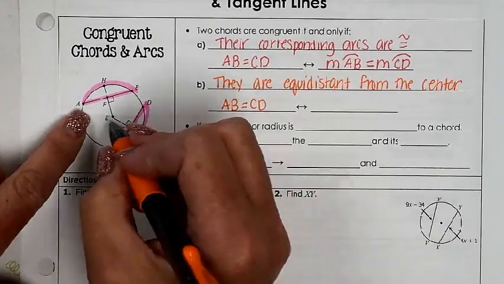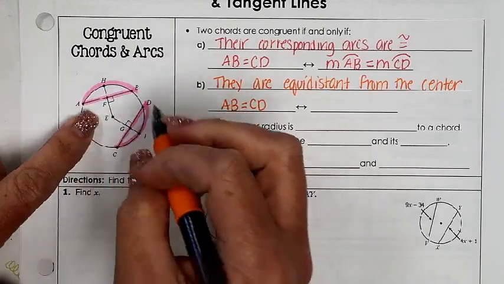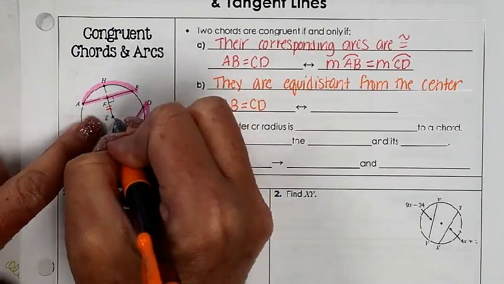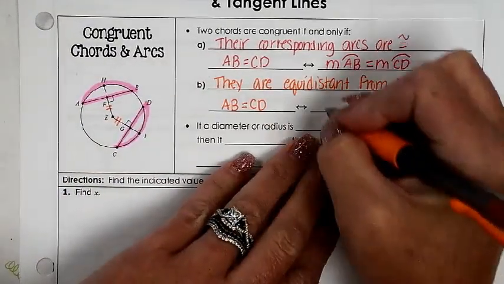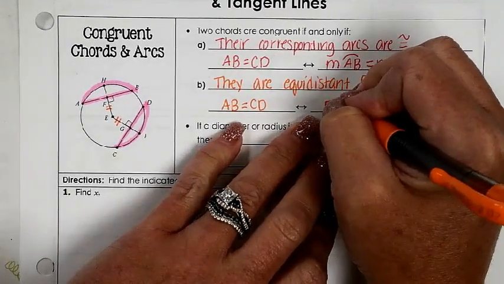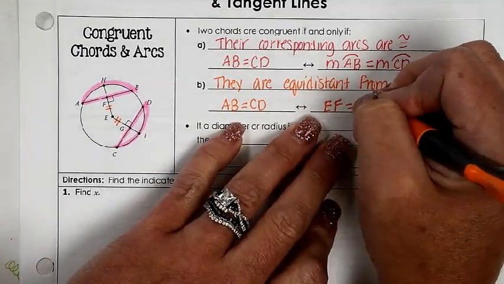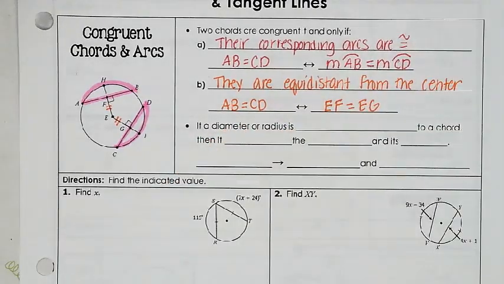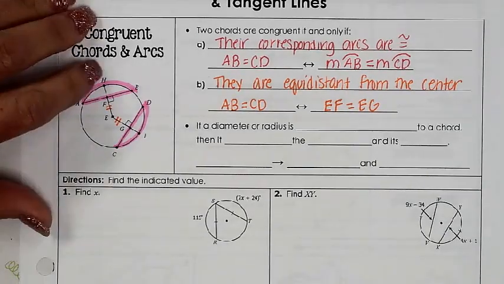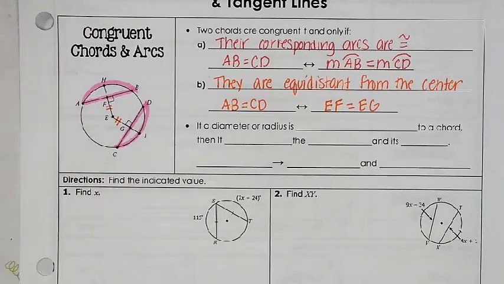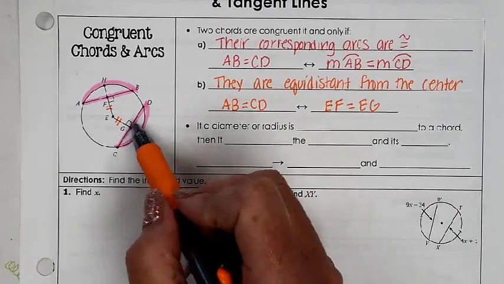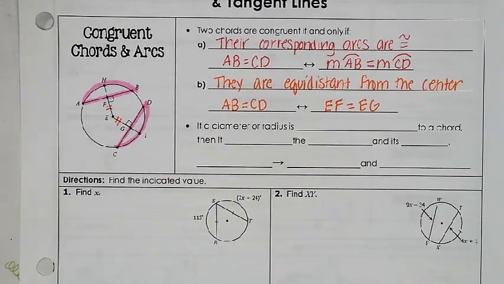So that means actually that EF right here and EG are congruent, or they're equal. It would also mean HF and GI, those are also congruent. Equidistant means same distance, also makes a right angle.